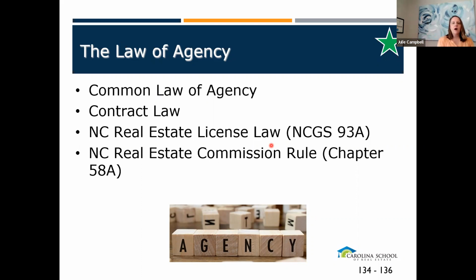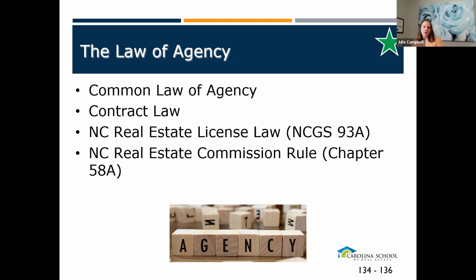Common law of agency comes from the days in England when we served a king. The king was our everything, and we did everything for the king. And from that, transcribed into what we know today is that common law of agency of serving our clients, serving our customers.